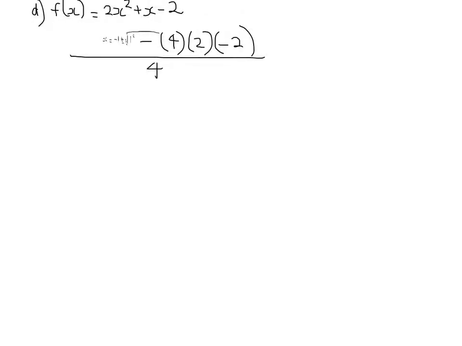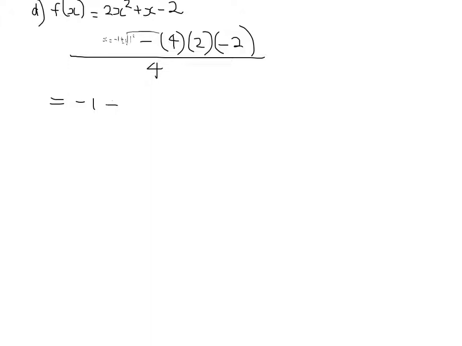The last part asks us to solve the equation and actually find the roots, or approximations to them, by the quadratic formula. So x equals minus b plus or minus the square root of b squared minus 4ac, all over 2a.